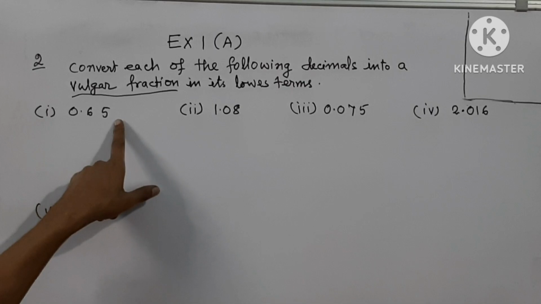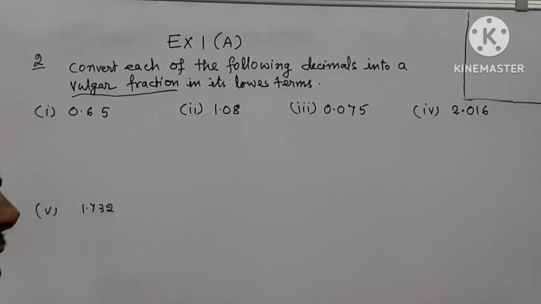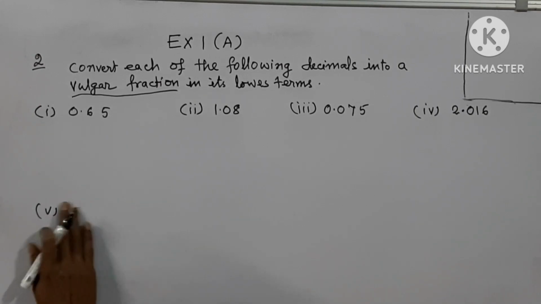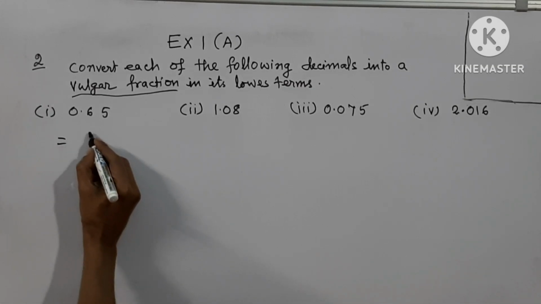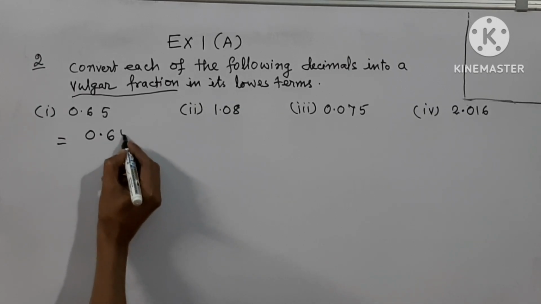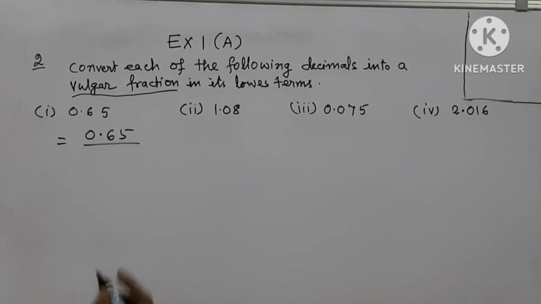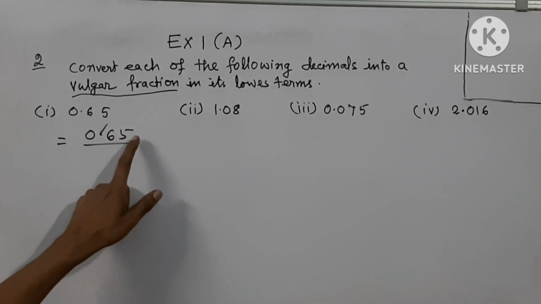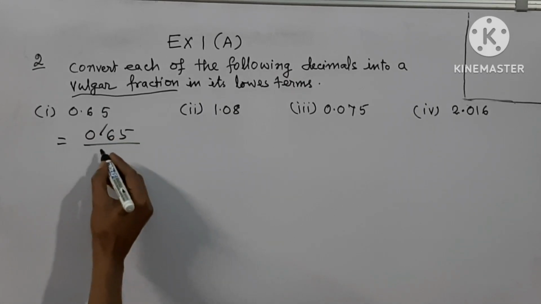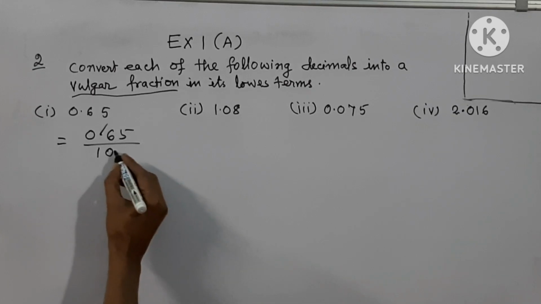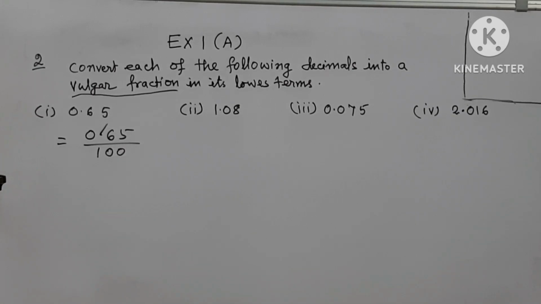Now you have to convert 0.65 into its lowest form. So how do you do it? 0.65: if you take away the decimal, that means the decimal is after 2 digits from the right side, then you have to put 2 zeros after 1 in the denominator, that means 65 by 100.